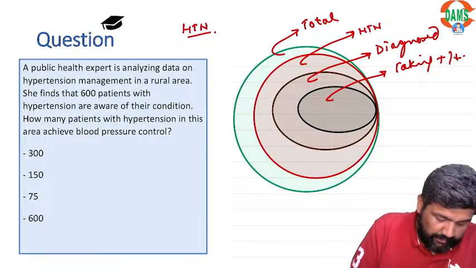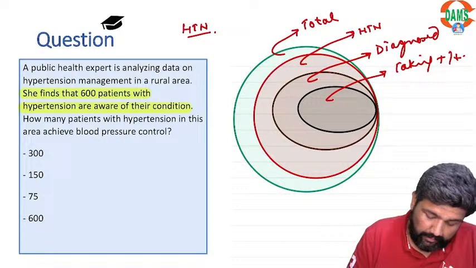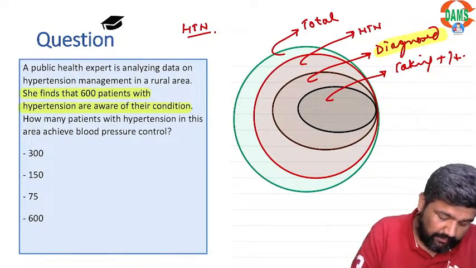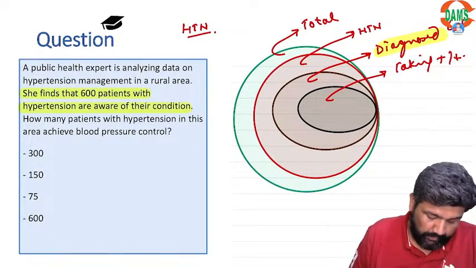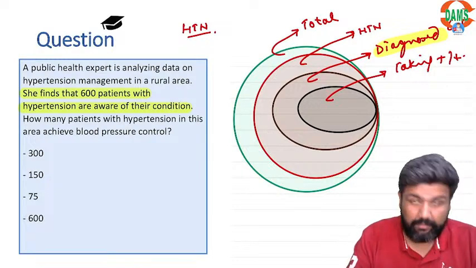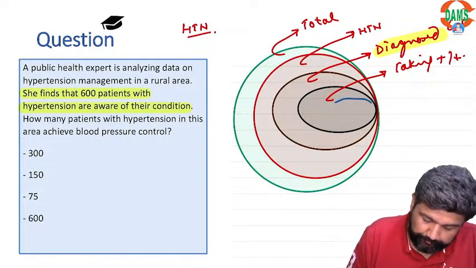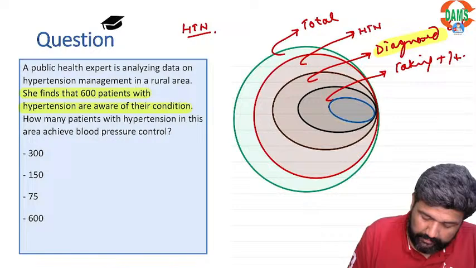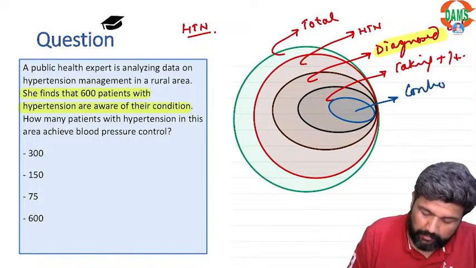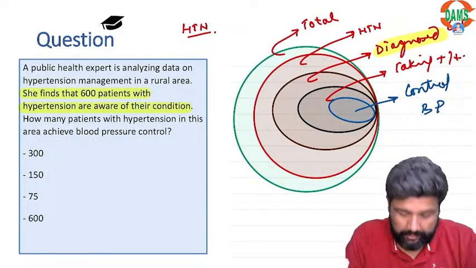So, she finds that 600 patients with hypertension are aware of their condition. So 600 is diagnosed. How many patients with hypertension in this area achieve blood pressure control? 50% are able to control blood pressure.